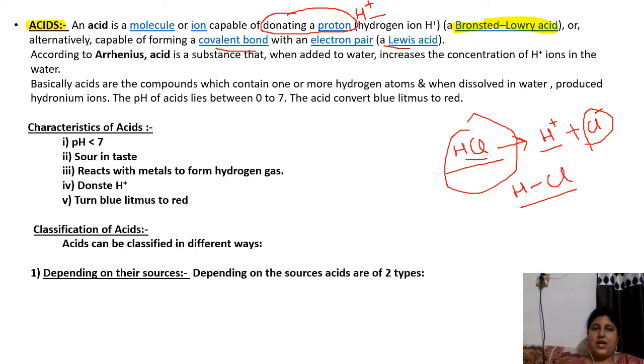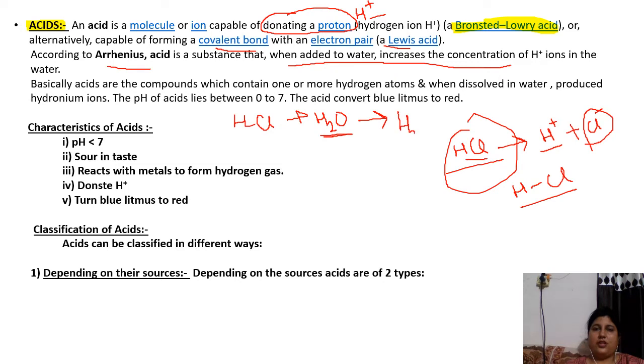But according to Arrhenius, acids are substances which lose a hydrogen ion when dissolved in water. For example, HCl है. Similarly as HCl, H2SO4 is also there. So जितने भी acids होते हैं, when they react with a water molecule, they lose H+ ion, which is accepted by this water.